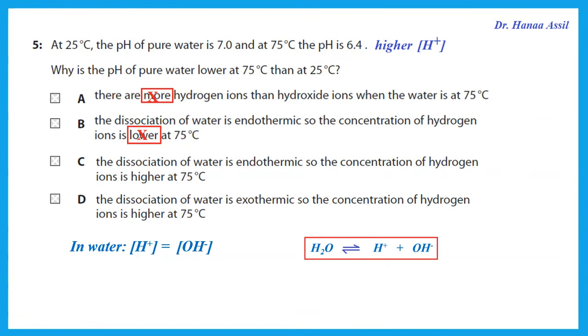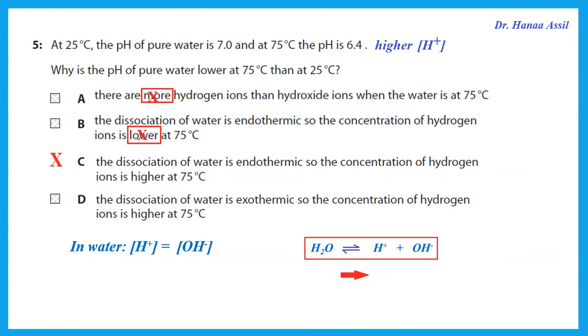This is correct. Now, when we say that water dissociates to give H+ ions, and at higher temperature I have more H+, that means at higher temperature this equilibrium shifts to the right to give more H+ ions, and that means that the forward reaction is endothermic.